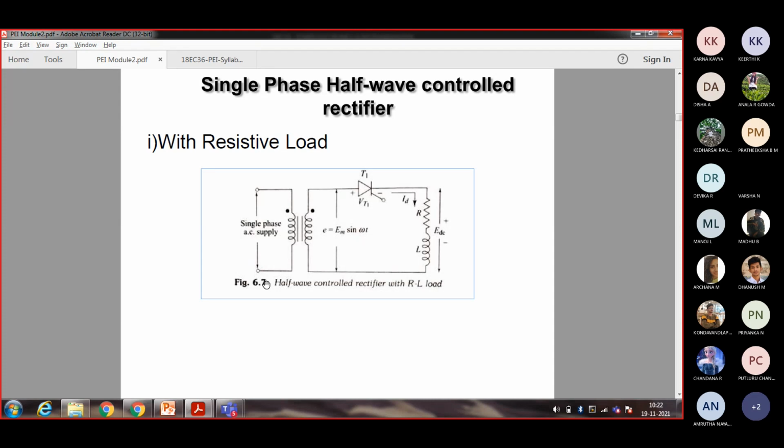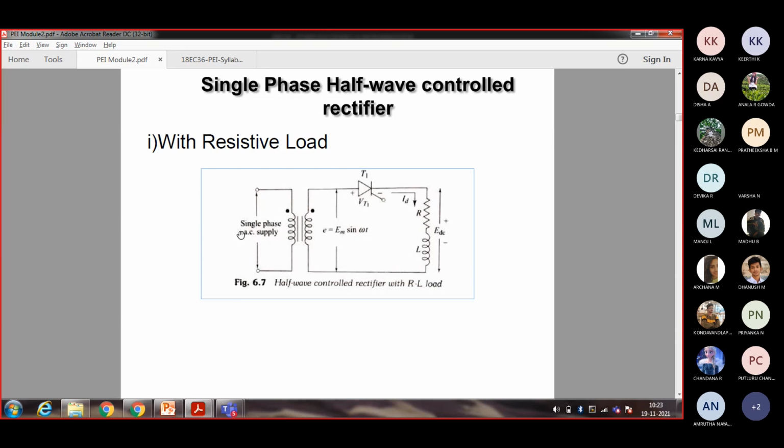It is almost the same as your rectifier using a diode, but the only major difference is that instead of a diode, I am using a thyristor. We have a resistive and inductive load, as clearly mentioned in your syllabus, and we are going to measure the output voltage across these two.